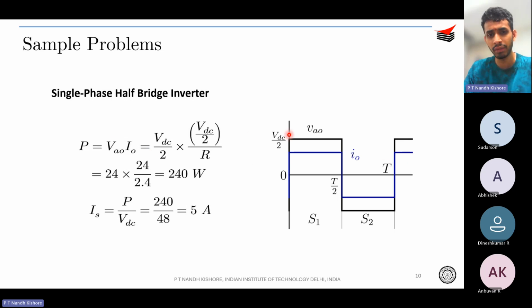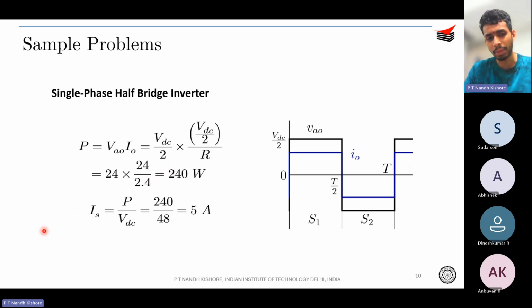I naught is simply VA naught by R, so VDC by 2 over R. VDC is simply 48 volts, so 48 by 2 is 24, and 24 by 2.4, where 2.4 is the resistance that's given. That gives your output power, 240 watts. Since nothing is given about the efficiency, your input power equals output power.